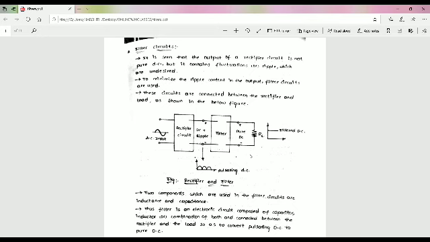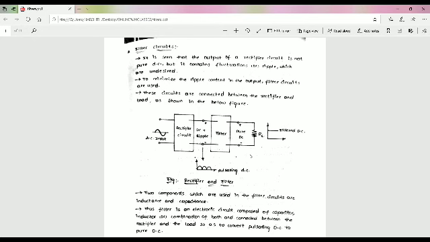Since the inductance acts as a short circuit for DC, it cannot be placed in the short arm across the load, otherwise the DC will be shorted.